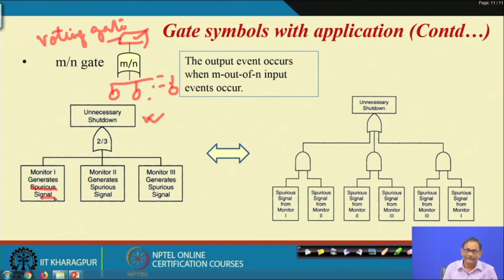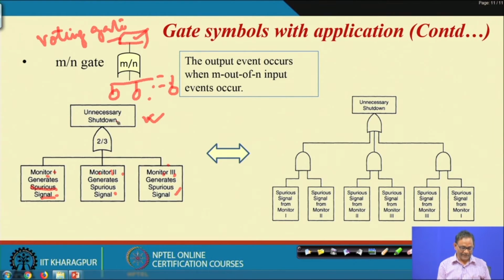If monitor 1, monitor 2 and monitor 3 all generate spurious signals, obviously there is a shutdown. But as you say that if 2 of the 3 give a signal, you will shut down. So, monitor 1 and monitor 2, or monitor 1 and monitor 3, or monitor 2 and monitor 3: any of these combinations showing a spurious signal means shutdown will take place.